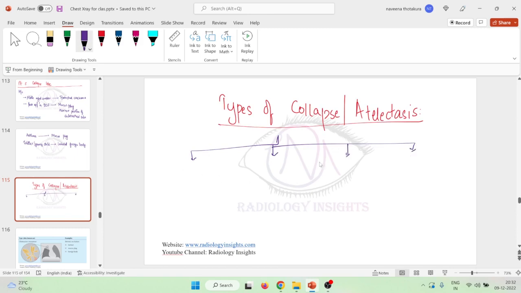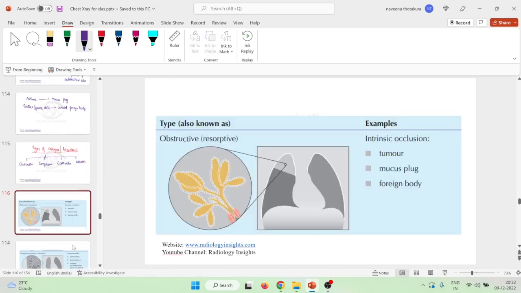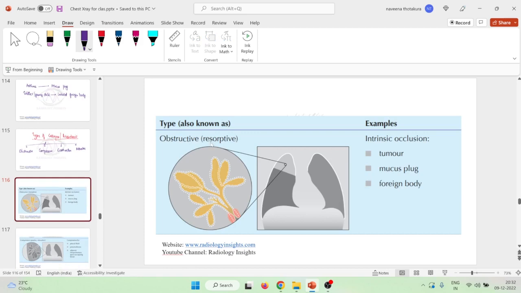We have obstructive atelectasis or obstructive collapse, then compressive collapse or compressive atelectasis, then cicatrization collapse or cicatrization atelectasis, and adhesive collapse or adhesive atelectasis. Based on these types, we can also see the causes.